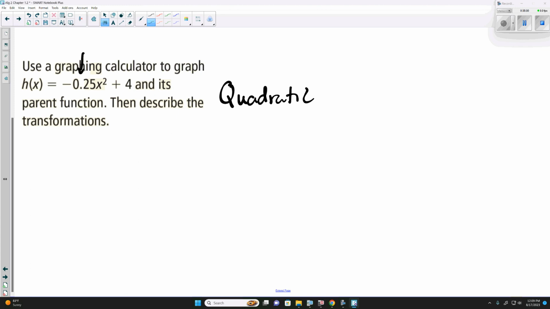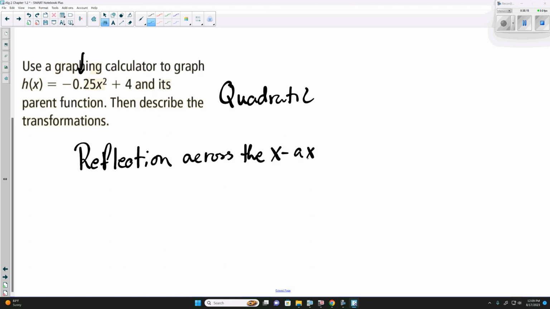The 0.25 connects to our stretch or shrink. So the negative tells us that it's a reflection across the x-axis. Now the 0.25 tells us it's a vertical what?